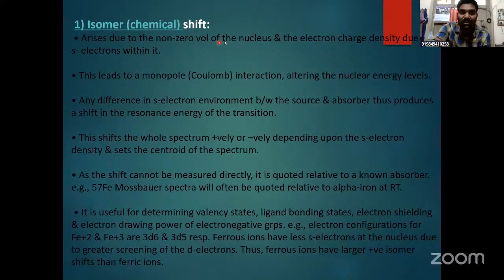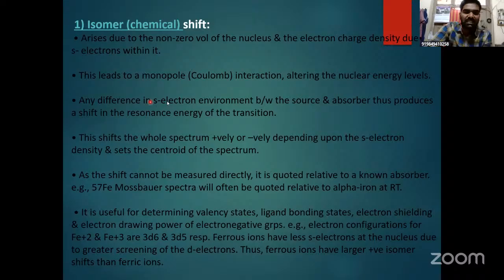This arises due to the non-zero volume of the nucleus and the electron charge density due to s electrons within it. It leads to a monopole, that is Coulomb interaction, altering the nuclear energy levels between protons and electrons.